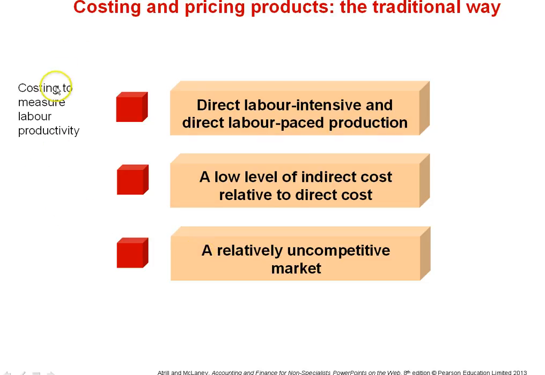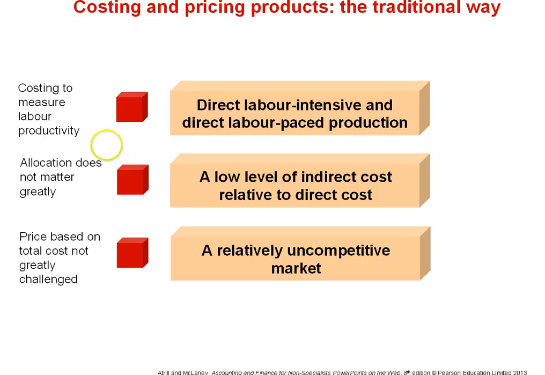So, costing was mainly to measure labour productivity because labour was the important factor. Allocation didn't greatly matter because fixed cost wasn't a big part of your total cost.